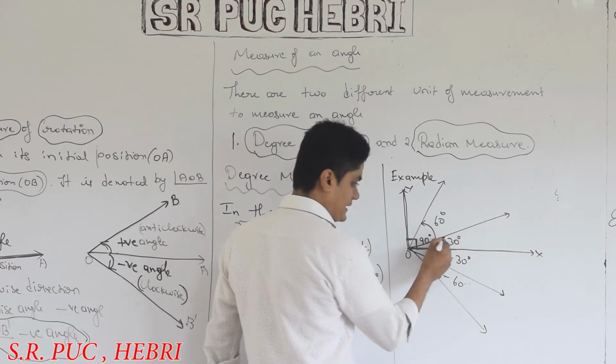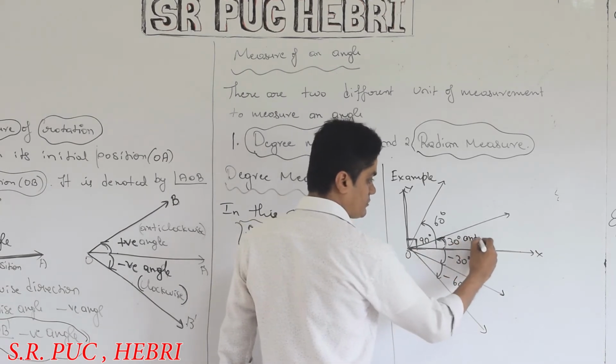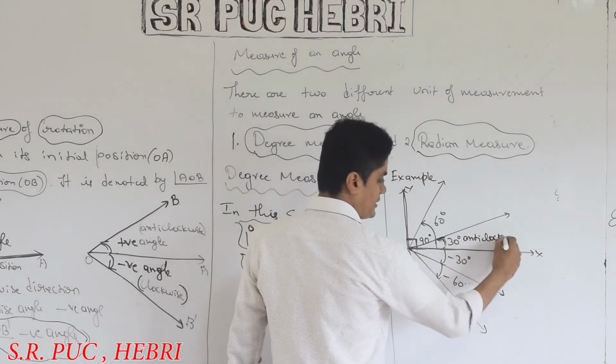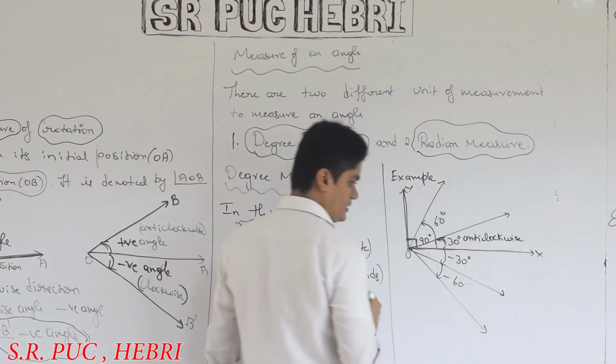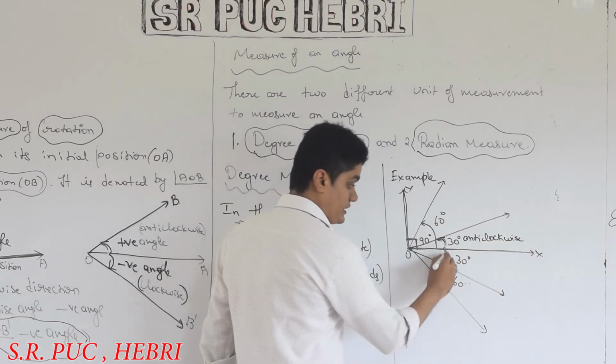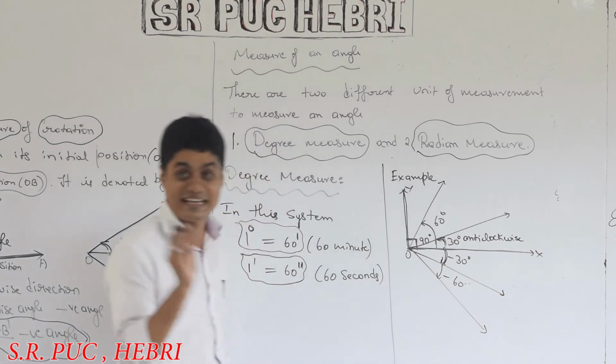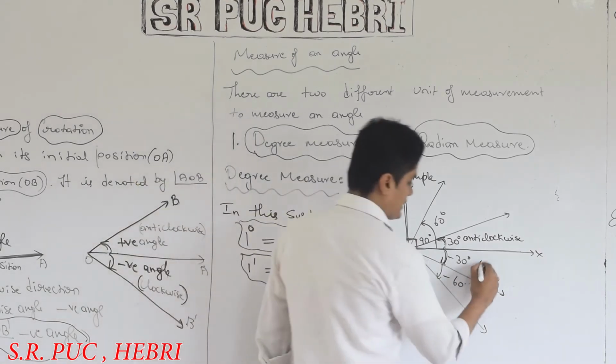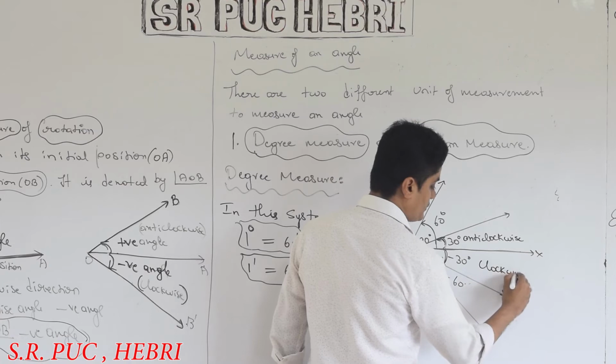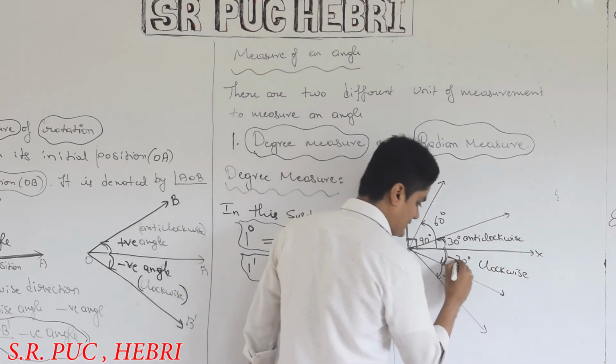If this is 30 degree, this is an anti-clockwise rotation, right? For the same amount, if you rotate in the clockwise direction, you will get a minus angle. That is minus 30 degree.